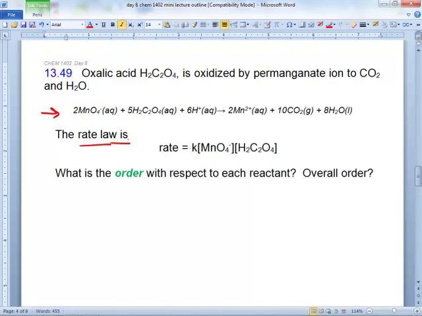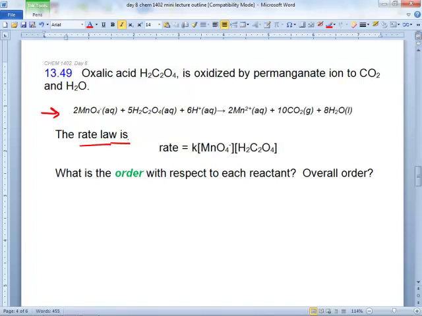Okay. Victoria, what is the order with respect to each reactant? What would you say? Can anybody help her out? Now the overall order will be 2, right?